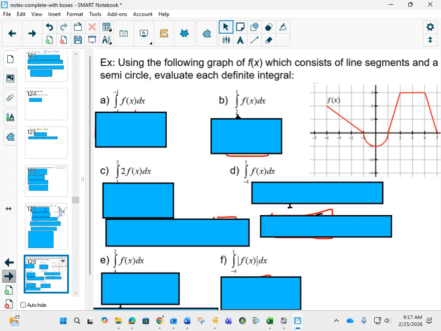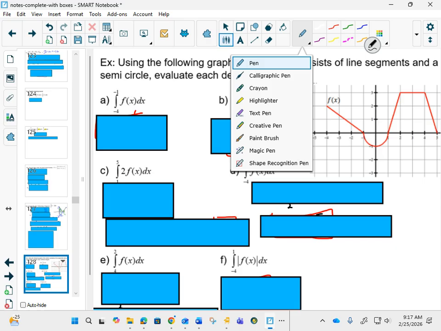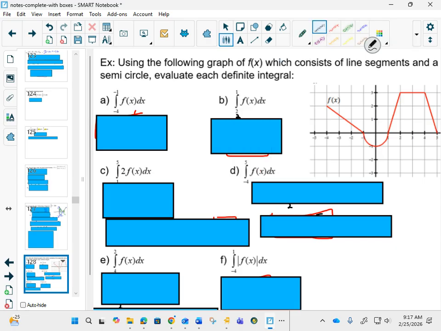This would be a piecewise function with like 1, 2, 3, 4, 5 different pieces if you wrote it out as an equation. But if we want to find the area from -4 to -1, okay, I'm going to take out my crayon, I'm going to go purple.